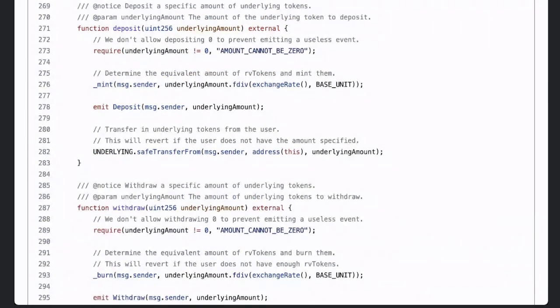Incidentally, about that check, require underlying amount not equal to 0. I'm going to guess not equals is cheaper than greater than. I just learned this, but Rari, the Solidity compiler dev, says that at least with 0 as a constant, it is equivalent to greater than.